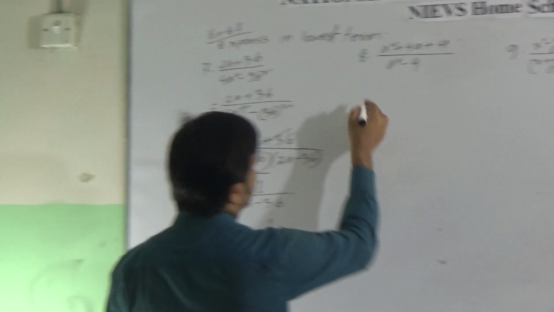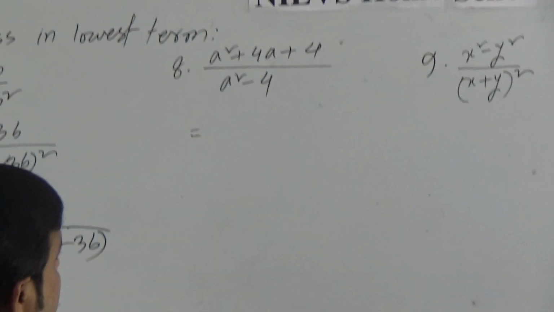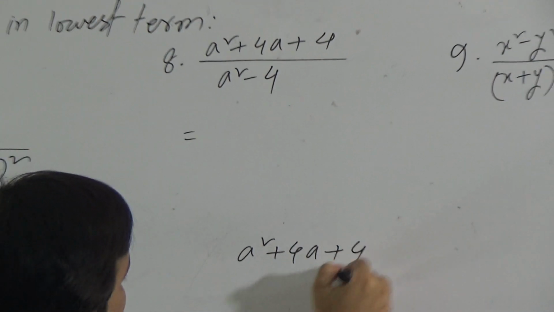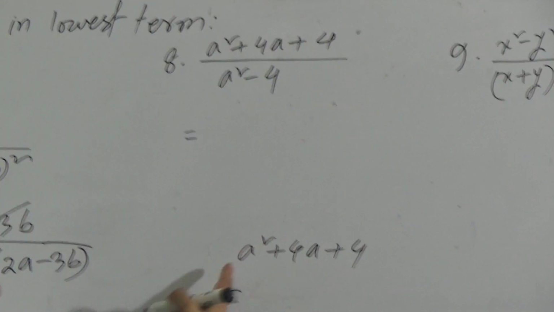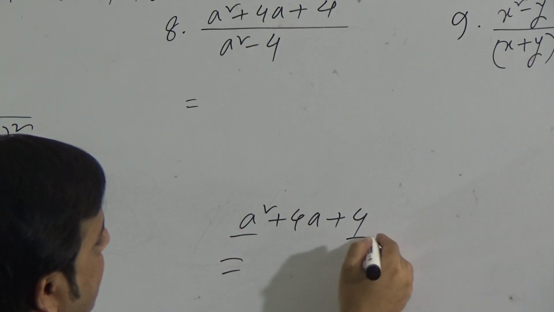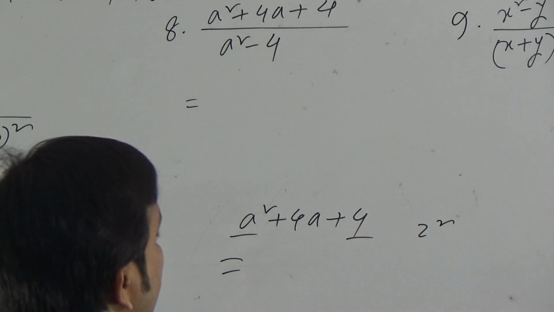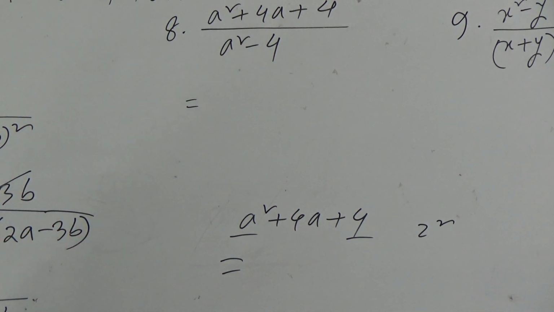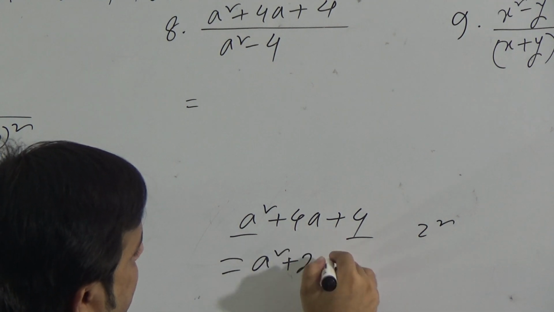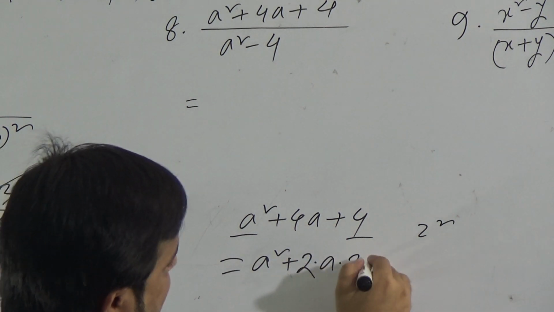The next question is question 8. Students, notice the numerator. This is a square plus 4a plus 4. We can factorize this, as here is a square and here is 4, 4 means 2 square. So, we can try to apply the square formula, a square plus 2ab plus b square, where a means a and b means 2.